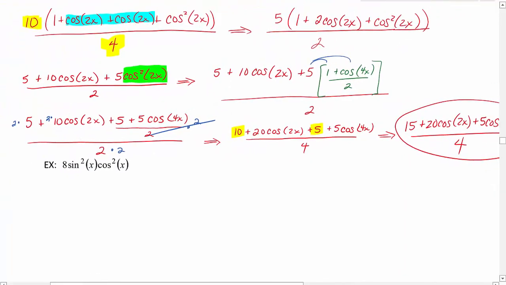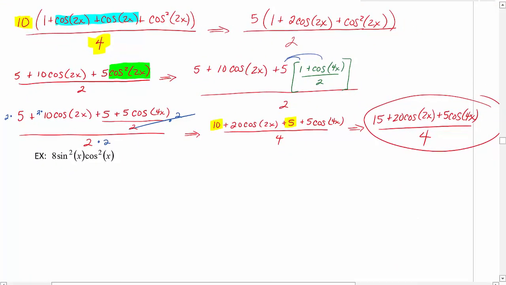Let's try another one. We want to rewrite 8 sine squared x cosine squared x as powers of just 1. So we're going to do a power reducing for sine squared. We're going to do a power reducing for cosine squared as well. 8 out in front. Do my sine squared here in green. So back up to our formula.